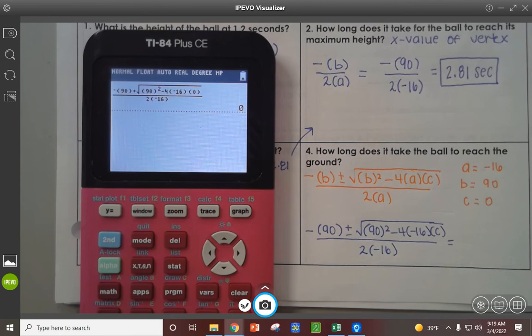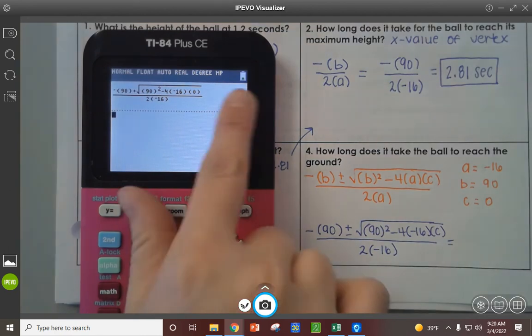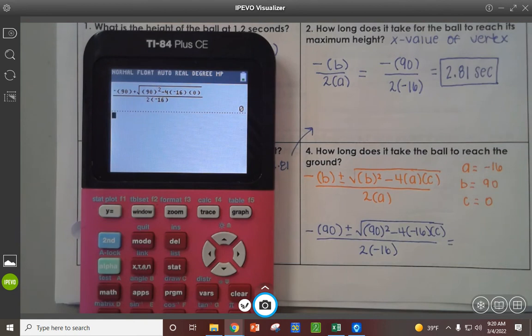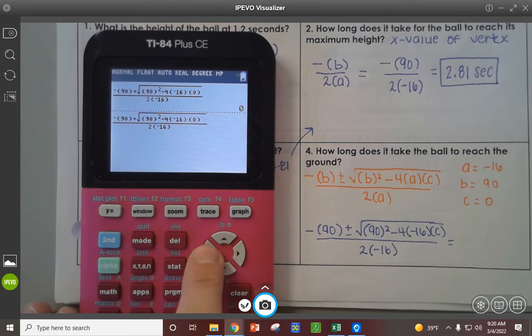The first number that you get is 0. And if we think about this object, it started on the ground. So when the time was 0, that's your starting point. So this one really doesn't count because it started on the ground. We want to know when it ends up on the ground. So we have to go back and get the one with the minus.